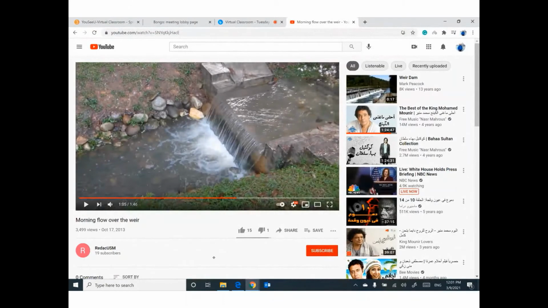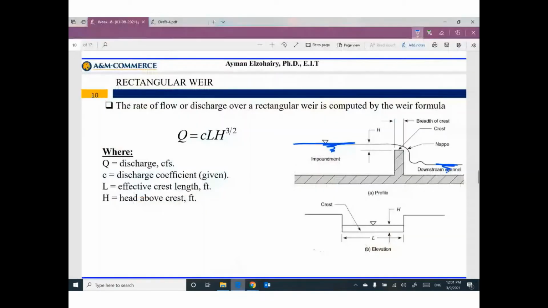The water level behind the weir is higher than the water level in front of the weir. So we have a water difference between this one and this one. The discharge over this weir equals C L H to the power 3/2.